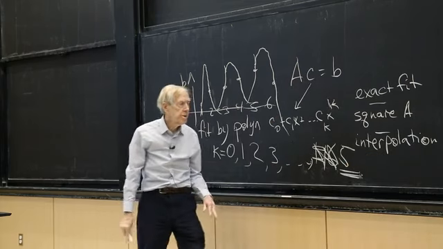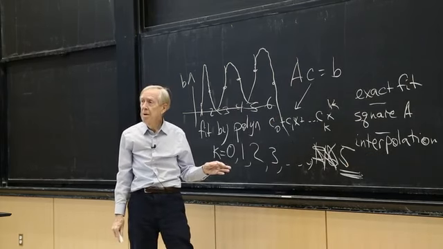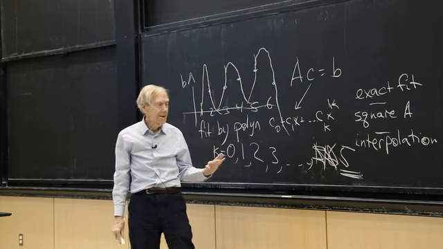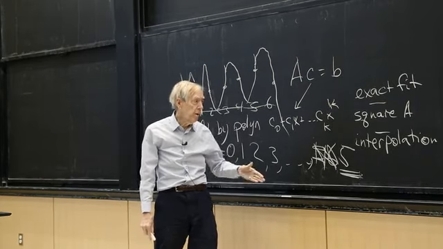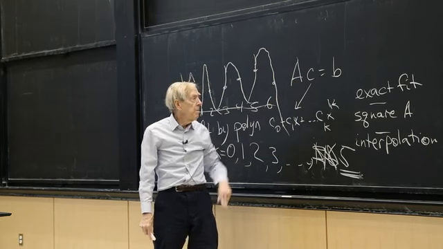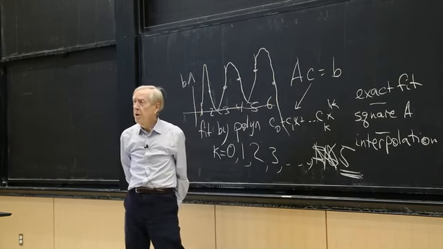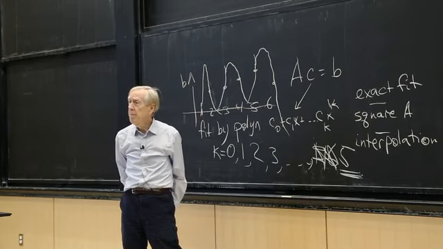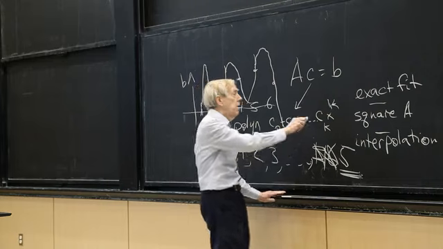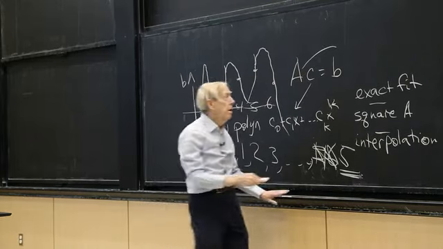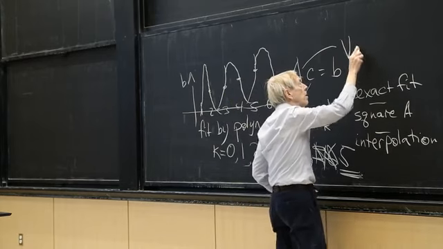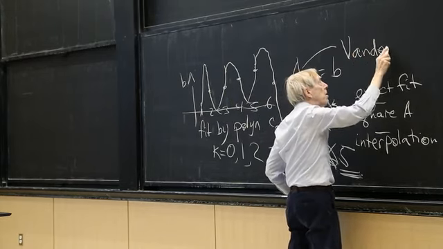And I guess it's Lagrange again, seeing that guy too often here. So it'd be Lagrange interpolation, but the matrix has a different name. Whose name is associated with that matrix? Vandermonde. So this is the square matrix, let me write it. This is called a Vandermonde matrix.